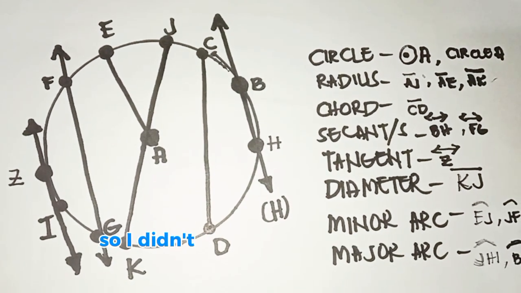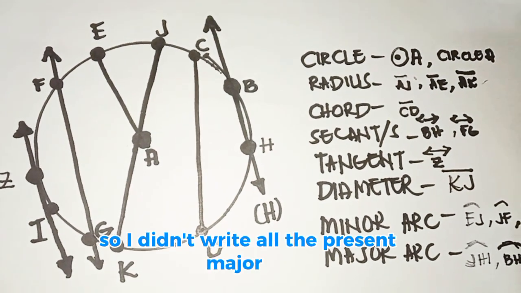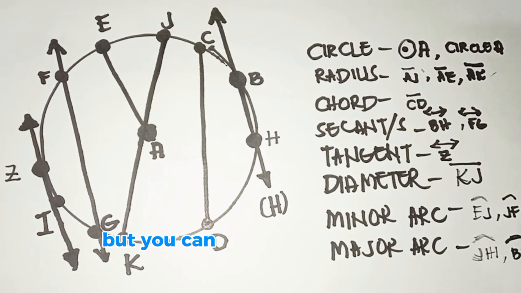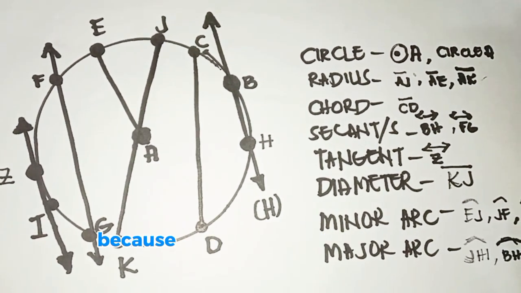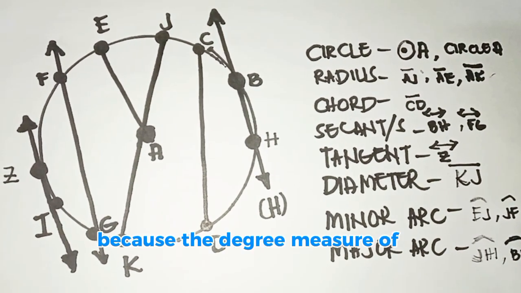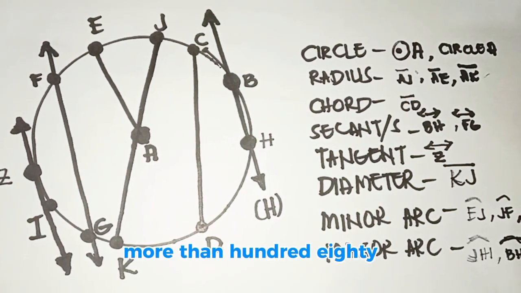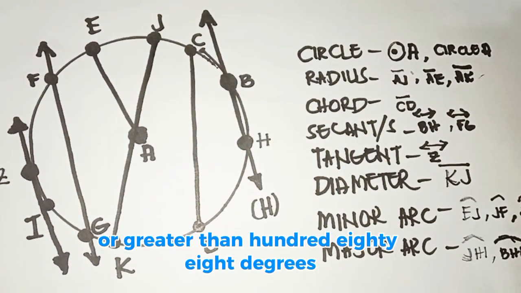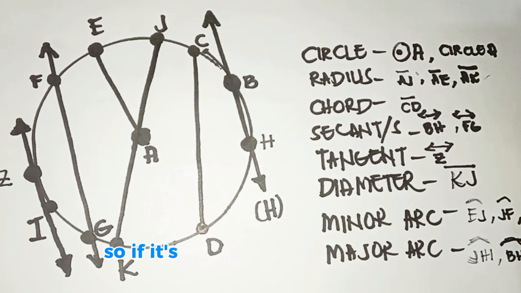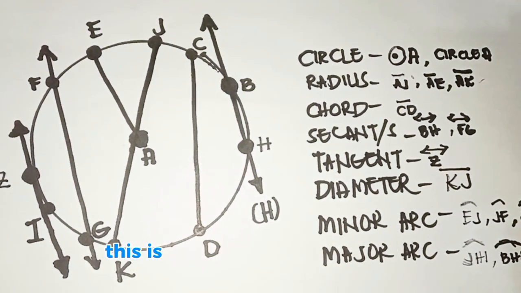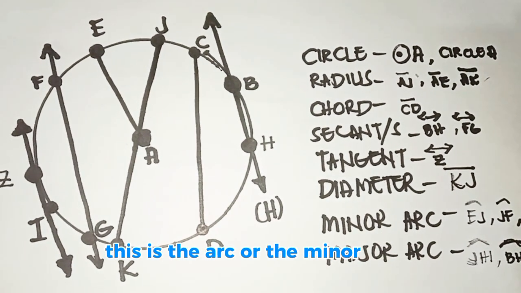I didn't write all the major arcs, but you can easily identify the major arc because the degree measure of the major arc is more than 180 degrees. If it's less than 180 degrees, this is the minor arc.